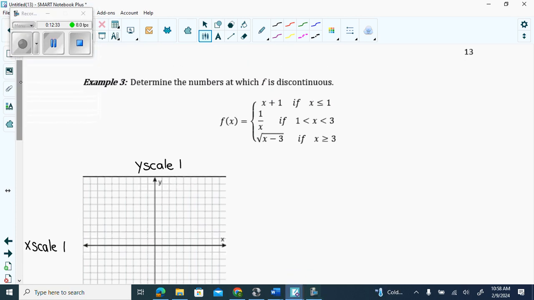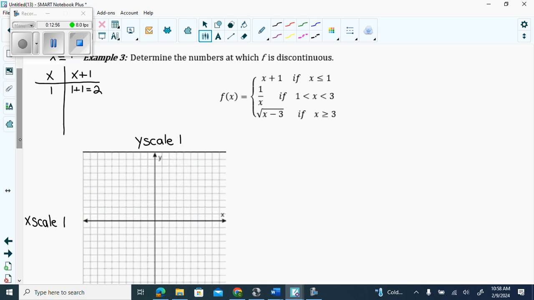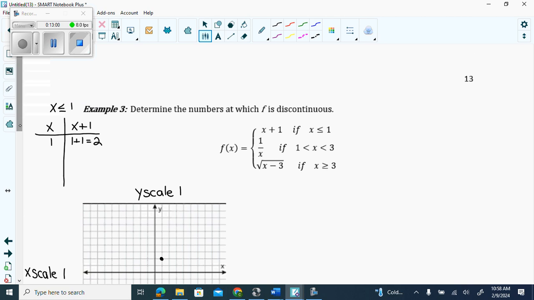If we want to, we could draw 3 t-tables. So this one would be an x and an x plus 1, knowing for the fact, though, that it has to be x less than or equal to 1. So I start with a 1. I go 1 plus 1, which is 2. Closed dot or open dot? Why? Because it's less than or equal to. So I have 1, 2, closed dot. Then I can use 0 because I have to use less than it.